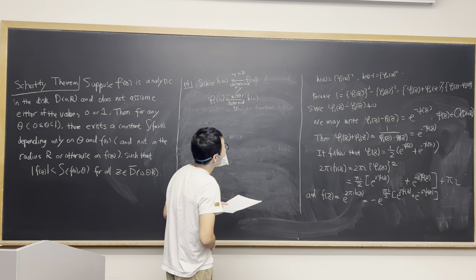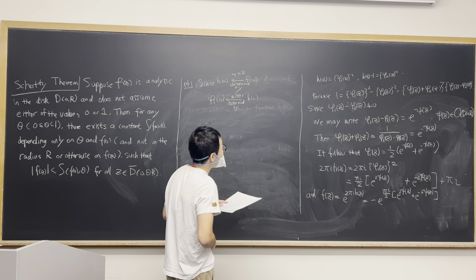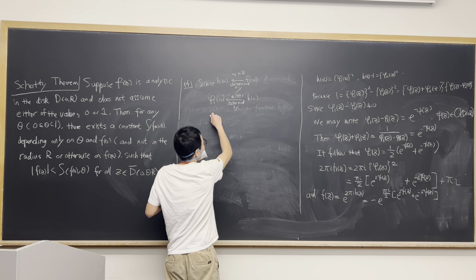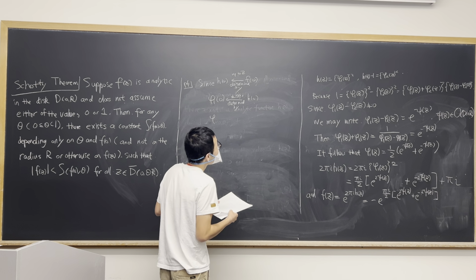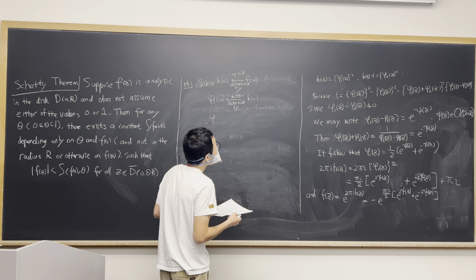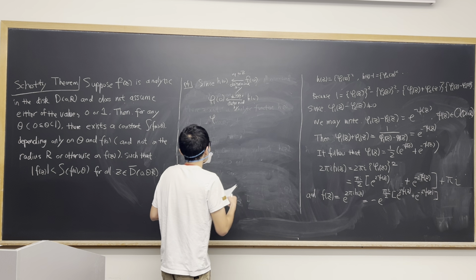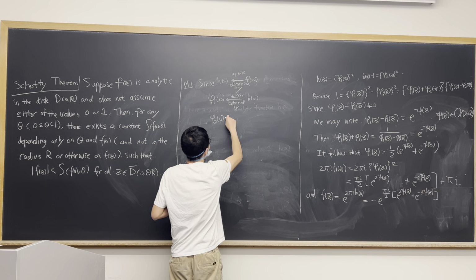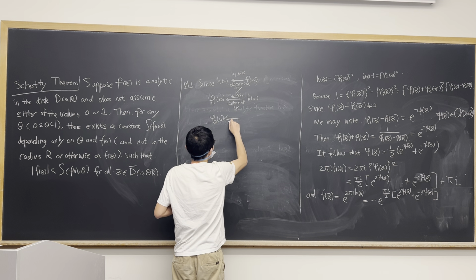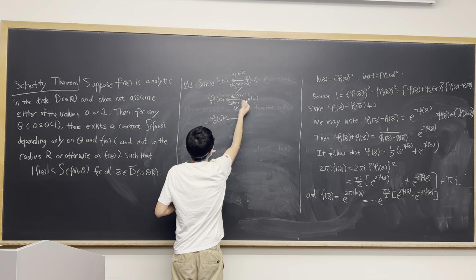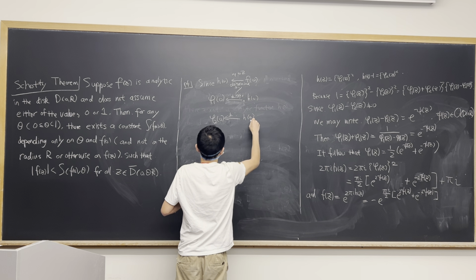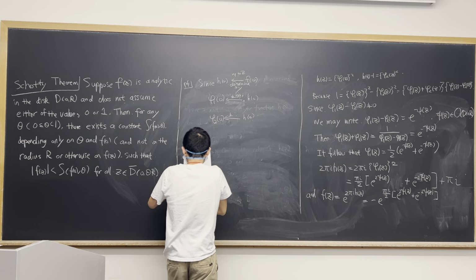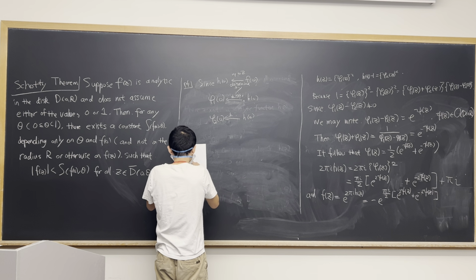And for this phi 2 of 0, it's also determined up to plus or minus of h of 0.